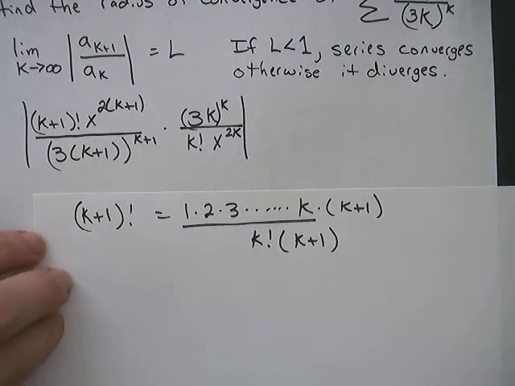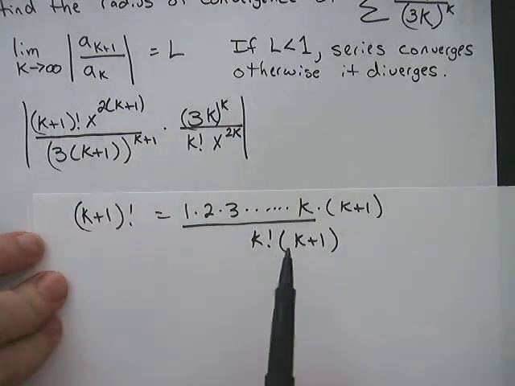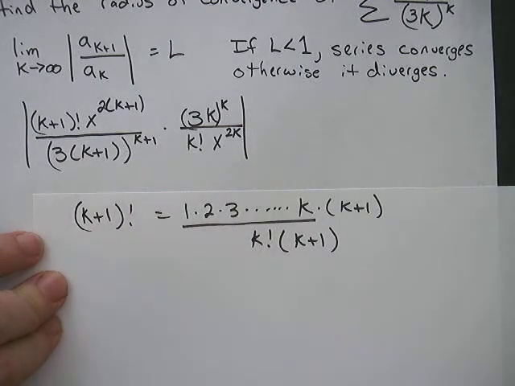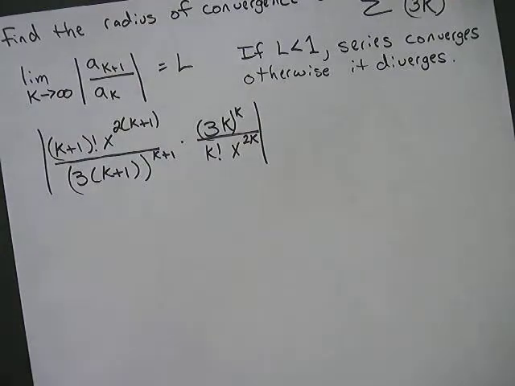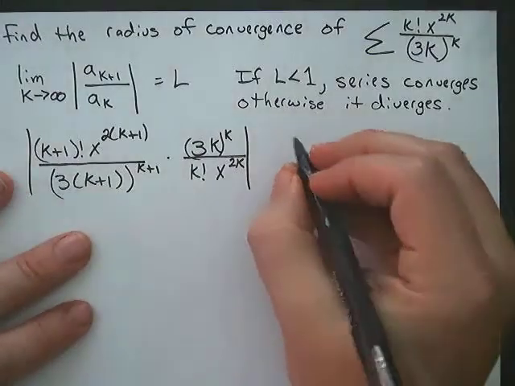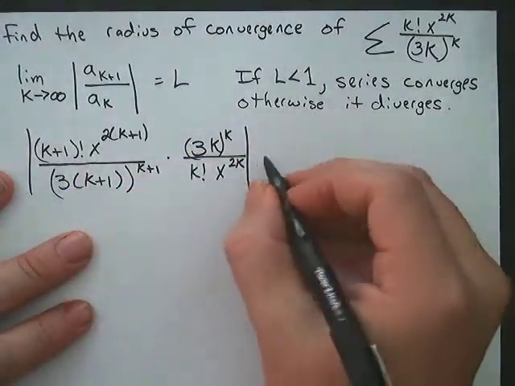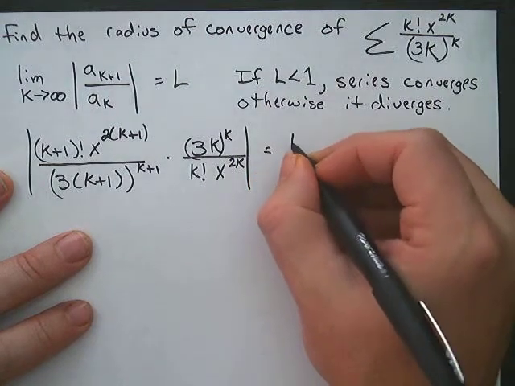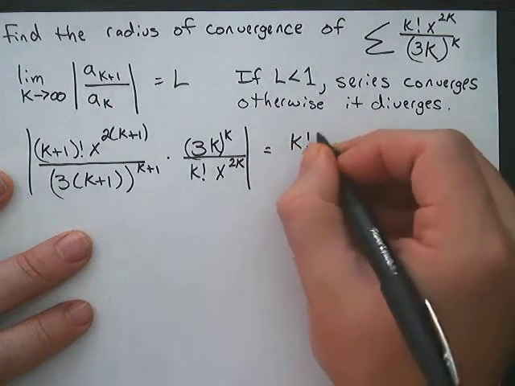And that's going to help us reduce things, because if I change it into that right here, I'll be able to reduce it with this k factorial that's in the denominator of the other fraction. So let's do that, and we'll also manipulate some other things as we go. The first thing I'll do is write that this is k factorial times k plus 1.